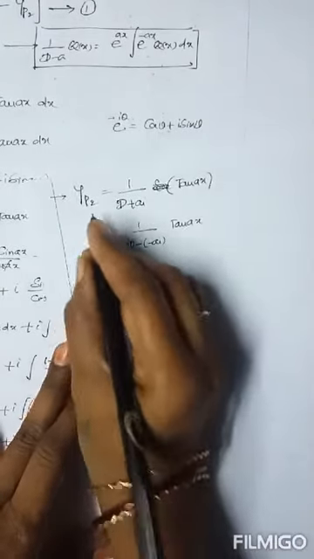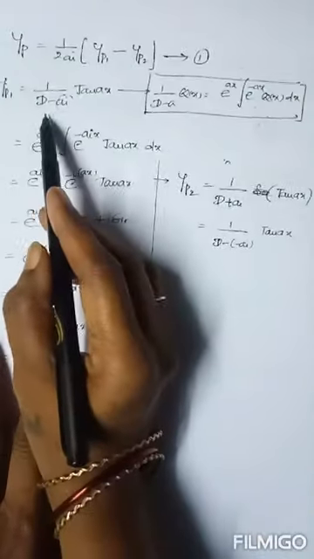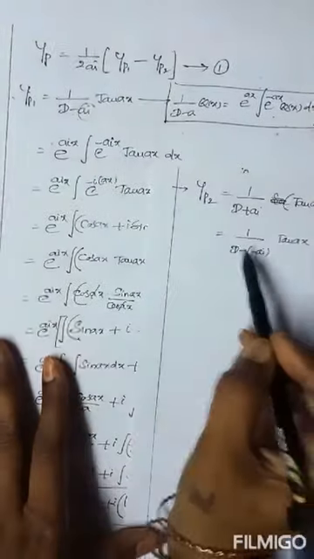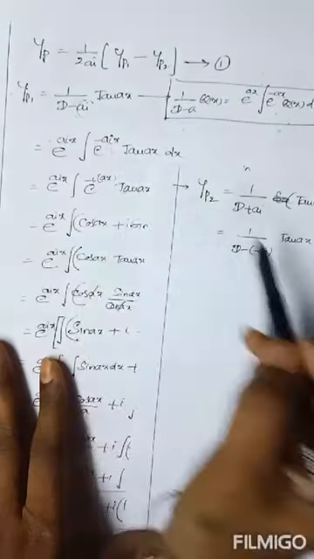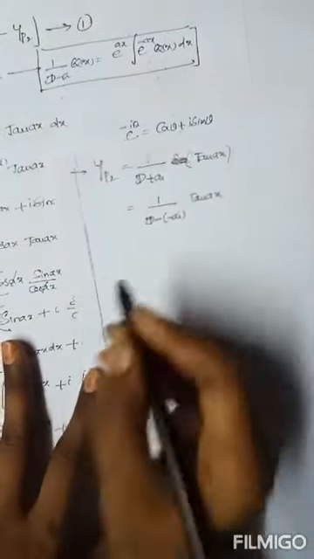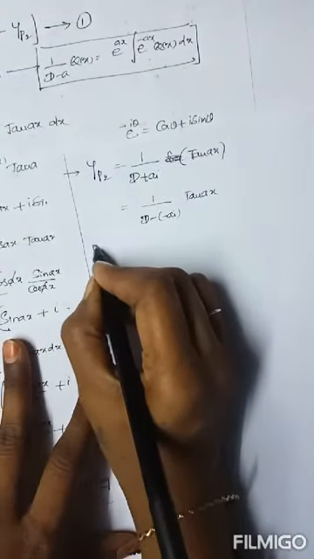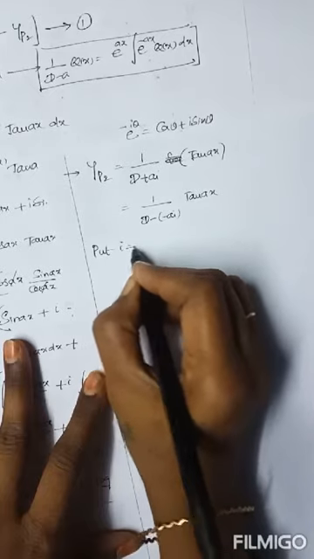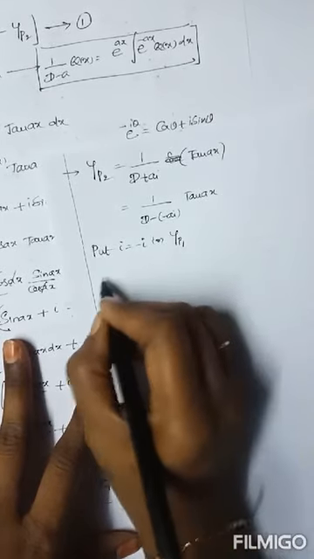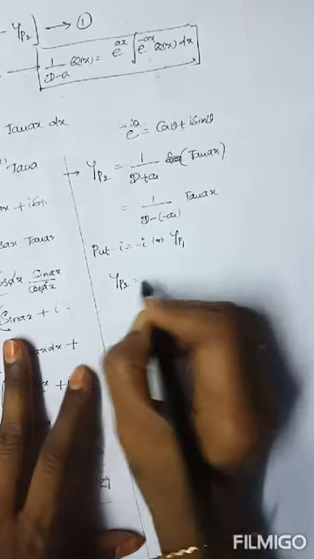Now to write the yp2 answer, we already cleared yp1. Both have the same factors, and the sign between is also the same, but instead of i, minus i is there, that is the only difference. So to write the answer directly, put i equals minus i in the yp1 result.